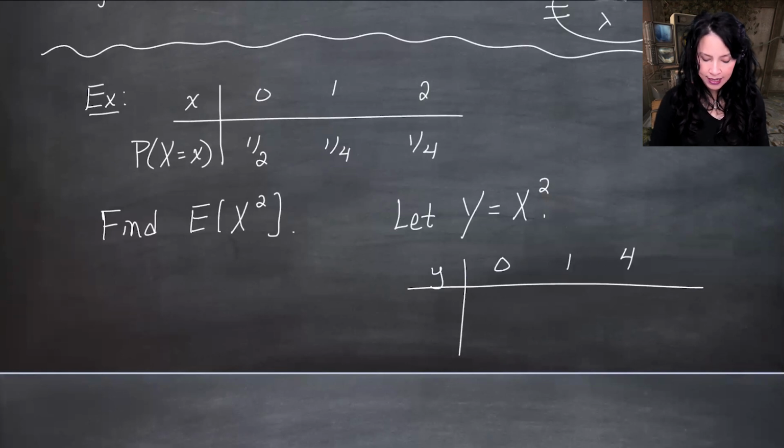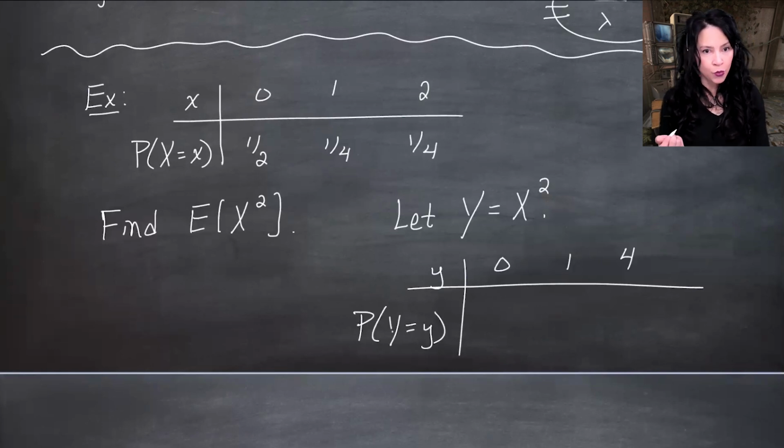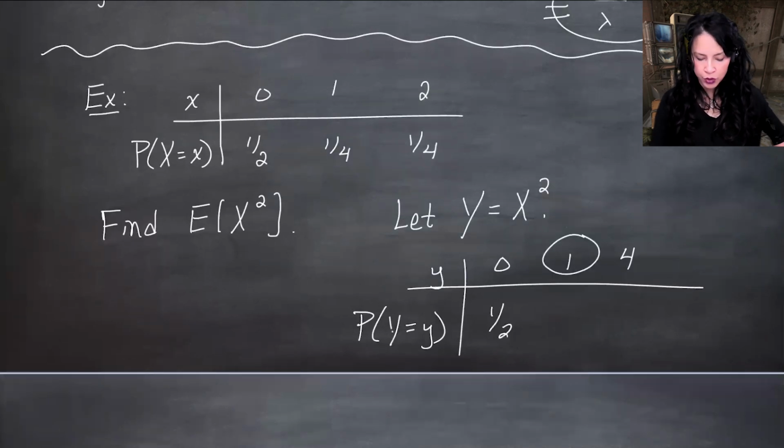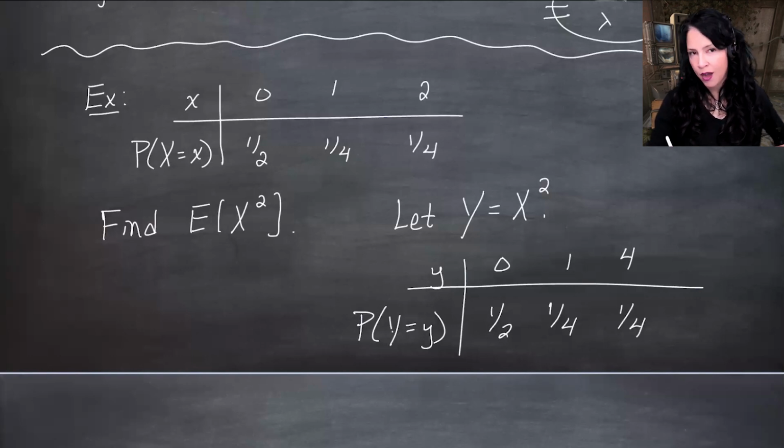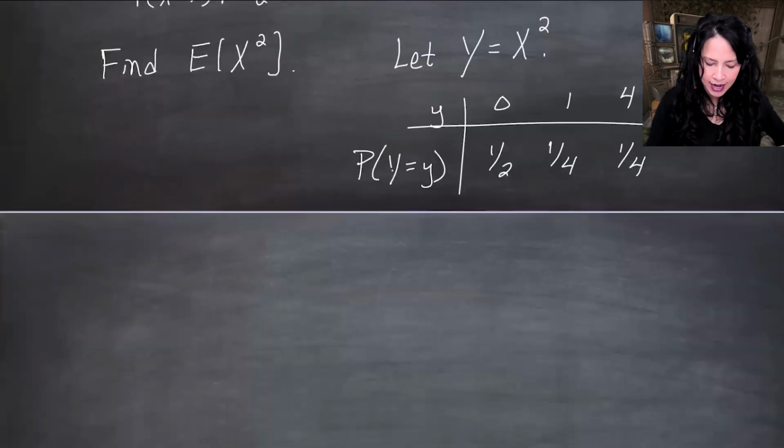It takes on the value 0 whenever x was 0, so this is probability 1/2. And y is 1 only when x was 1, so this is still probability 1/4. These have to add up to 1, so the probability that y is 4 is the same as the probability that x is 2, which is 1/4.